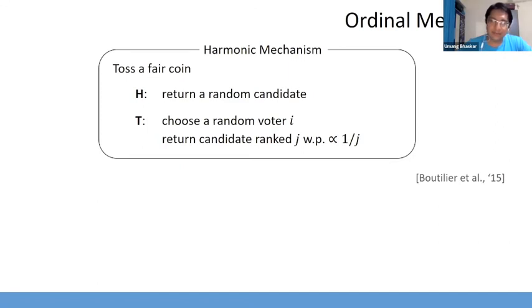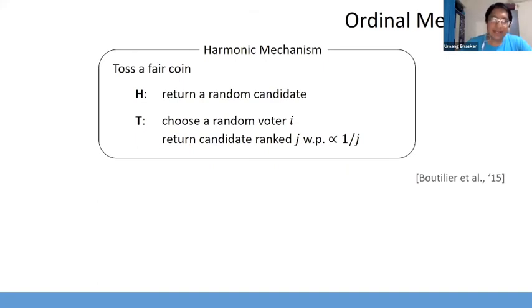In particular, what is the mechanism? The mechanism just tosses a fair coin. If it comes up heads, it just picks a candidate uniformly at random and returns it. If it comes up tails, then it chooses a random voter i and returns the candidate ranked j by this voter with probability proportional to the inverse of its rank.